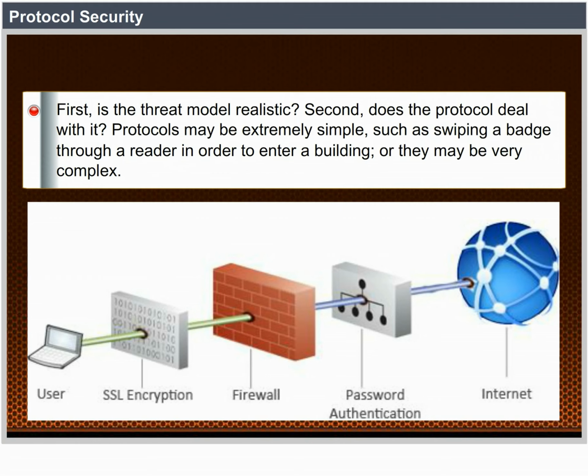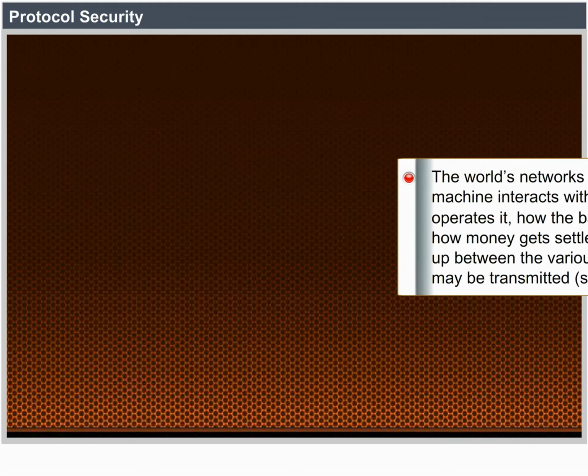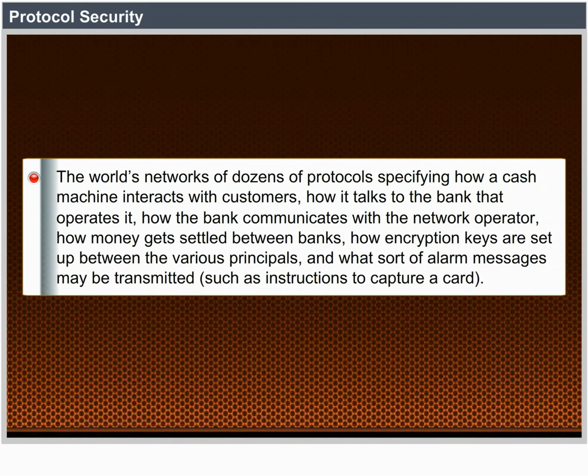The world's network of cash machines involves dozens of protocols specifying how a cash machine interacts with customers, how it talks to the bank that operates it, how the bank communicates with the network operator, how money gets settled between banks, how encryption keys are set up between the various principals, and what sort of alarm messages may be transmitted, such as instructions to capture a card.